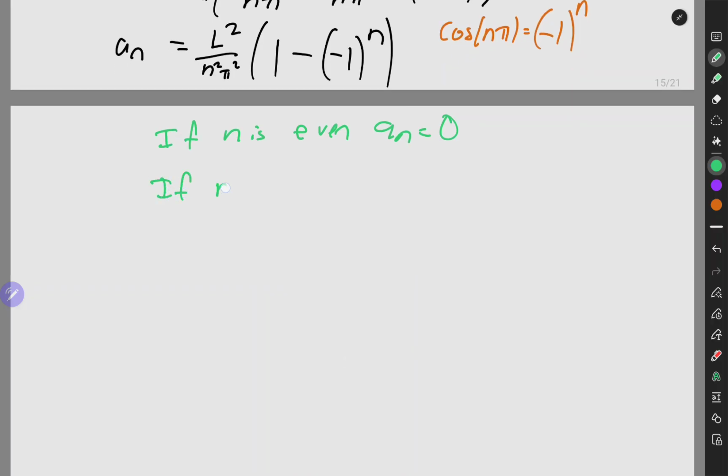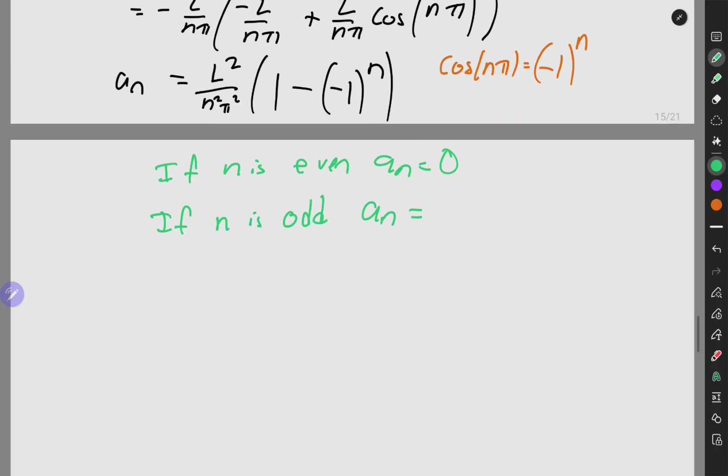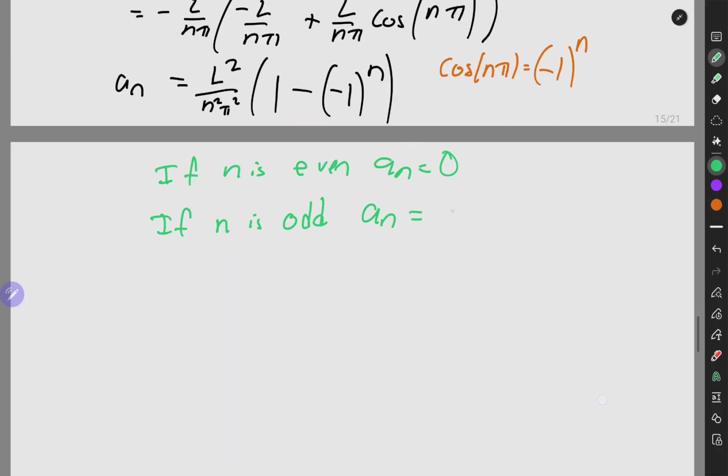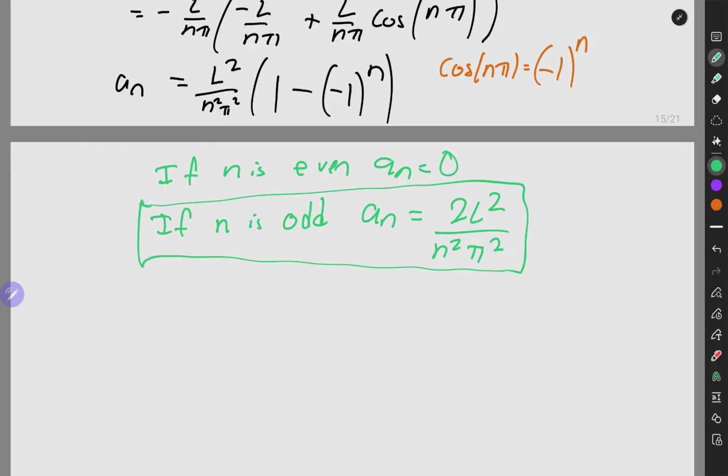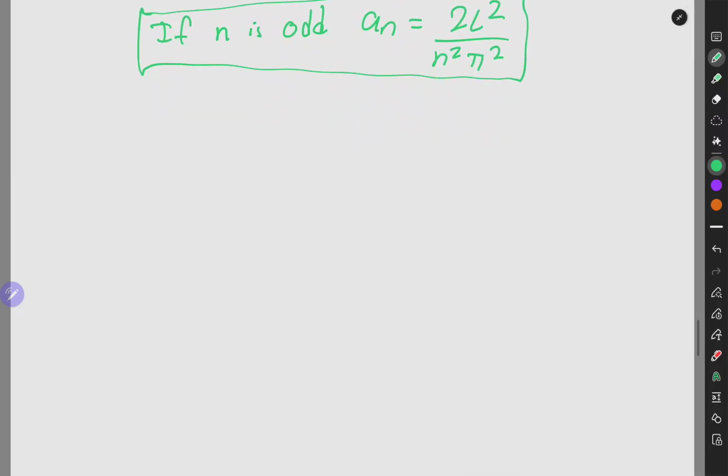If n is odd, a sub n is going to be 2L squared over n squared pi squared. So this is what we're looking for. Okay. Now let's look at b sub n.